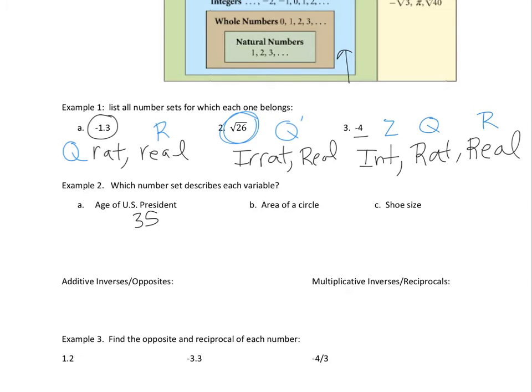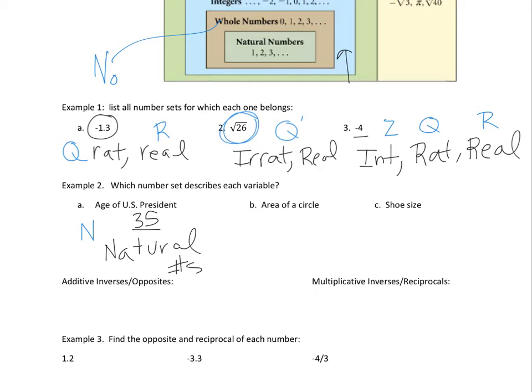So if somebody asks you your age, you would just say the whole number that represents it. So you would say I'm 16 or I'm 40 or I'm 80. So the best answer for this one would actually be the natural numbers. Symbol for natural number is an N. Symbol for a whole number is an N with a 0.